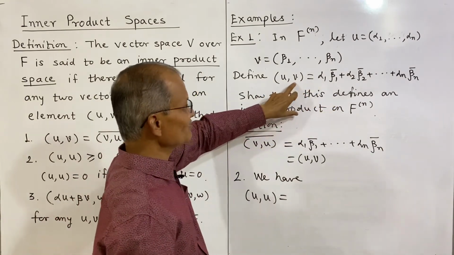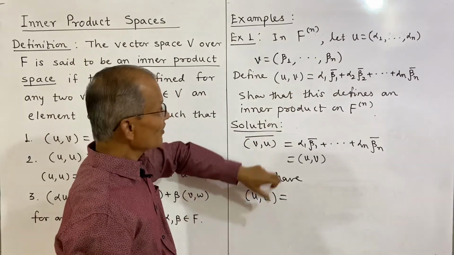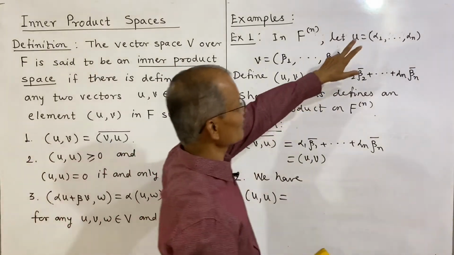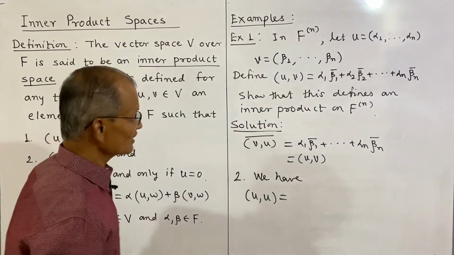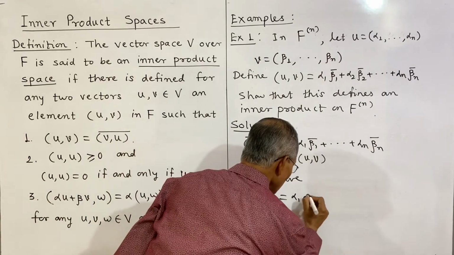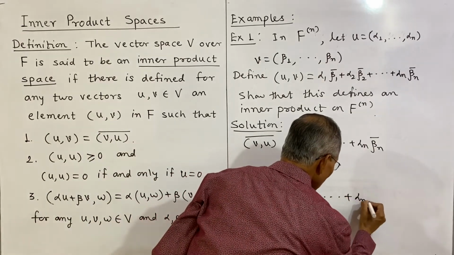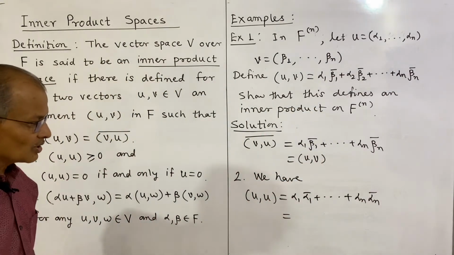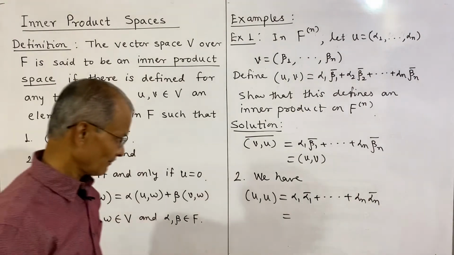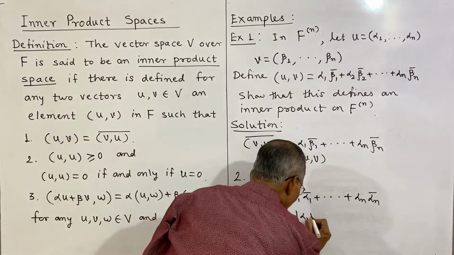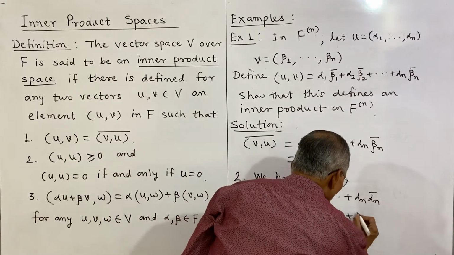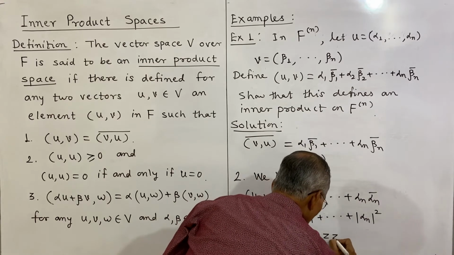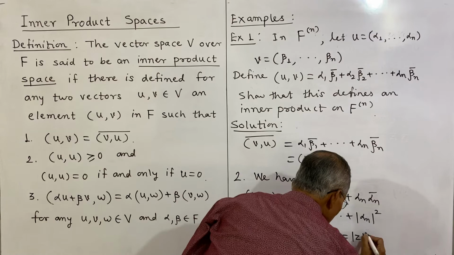So v is replaced by u here in this product, meaning betas will be replaced by alphas, because the same vector we have to consider with the product. Thus this will be alpha 1 conjugate of alpha 1 and so on, alpha n conjugate of alpha n, and we know that z times conjugate of z is mod z square, and therefore this will be mod alpha 1 square plus so on, mod alpha n square.